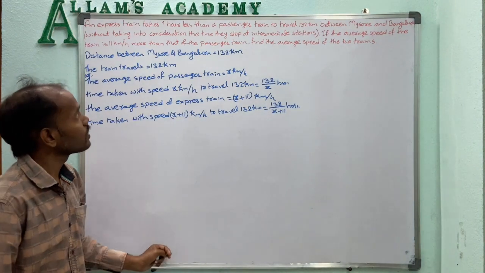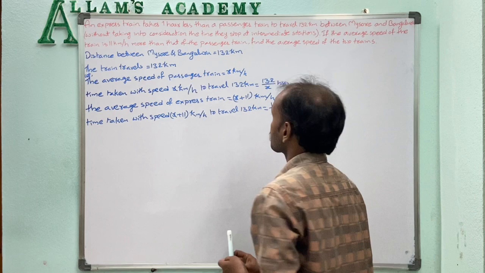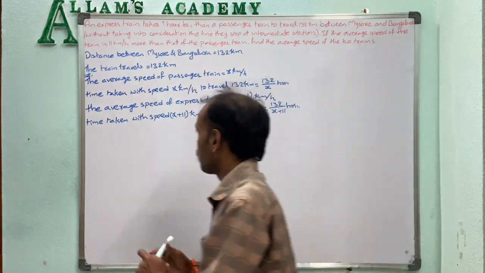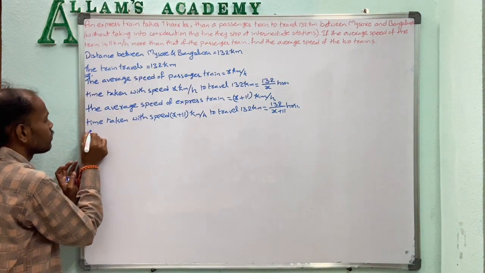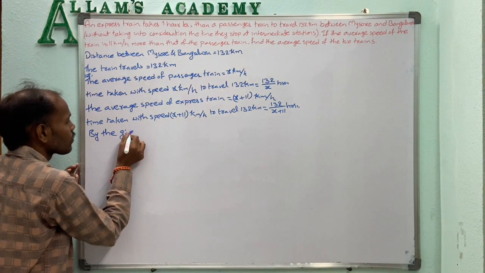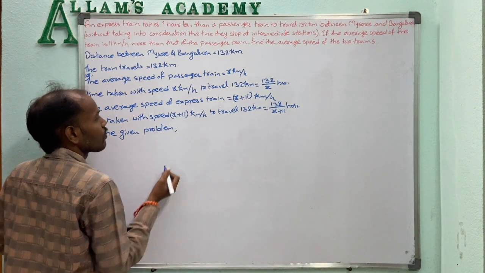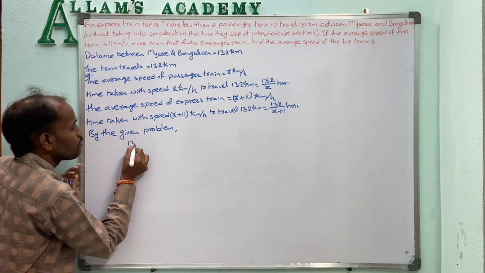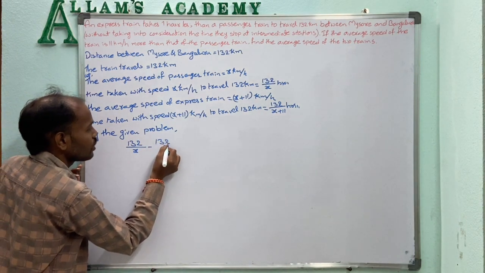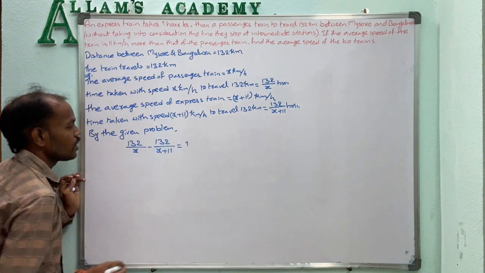Now the difference between these two times is given as 1 hour. So by the given problem, 132 by x minus 132 by x plus 11 equals 1.